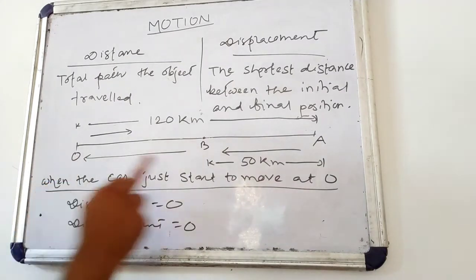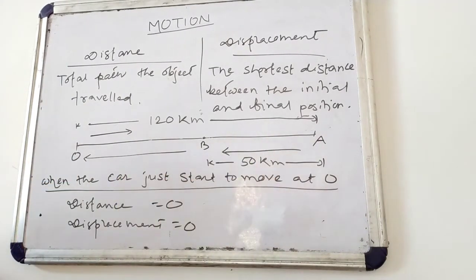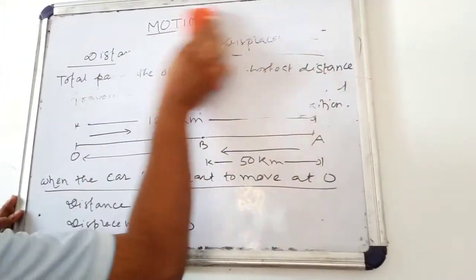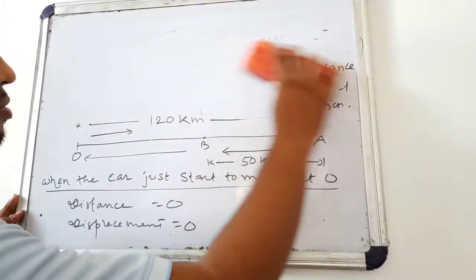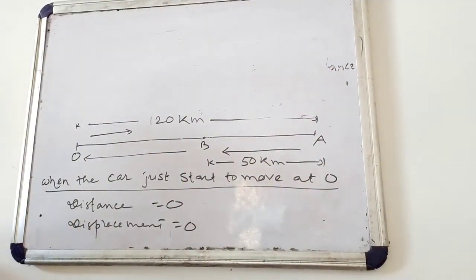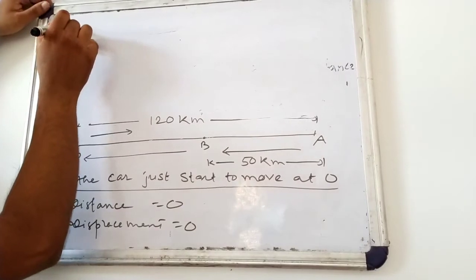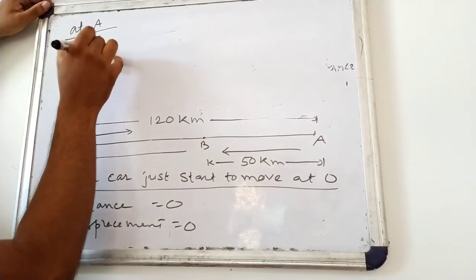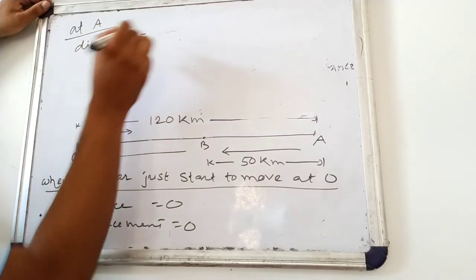Now we will calculate distance and displacement at A. At point A, distance is the total path travelled.